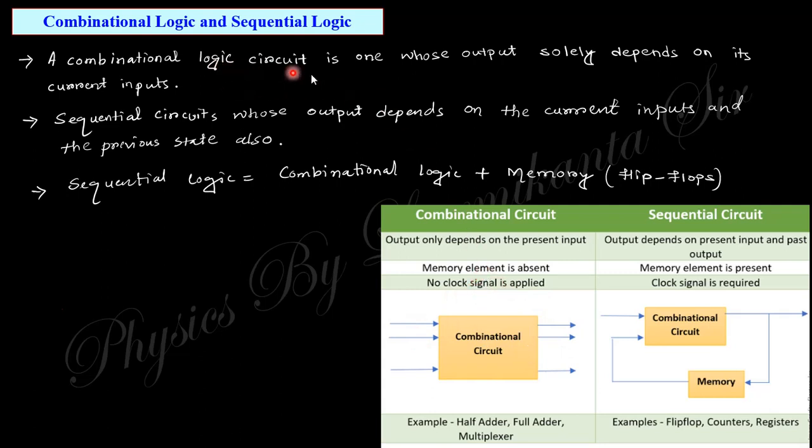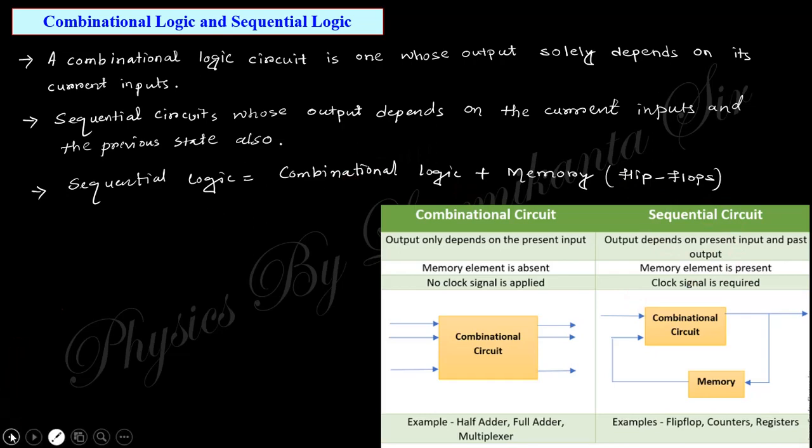Clear? A combinational logic circuit is one whose output solely depends on its current input. But if the output depends on its current input as well as the previous output, that is the memory, then this is called a sequential logic circuit.